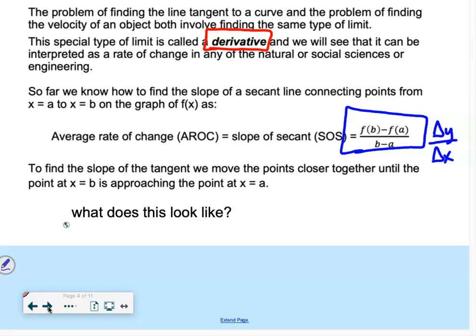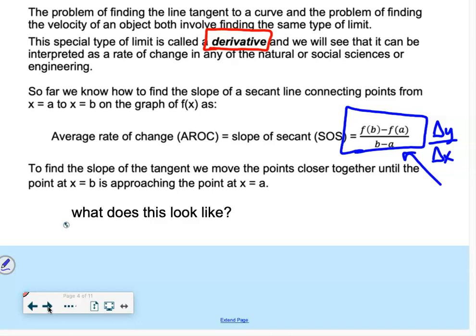I want your brain to start thinking of it as f of b minus f of a over b minus a, because this is the way you're going to see it for all of your math classes to come. If you go on to higher math, this is it. So you've got to train your brain to see this and think slope. f of b minus f of a over b minus a just means slope.